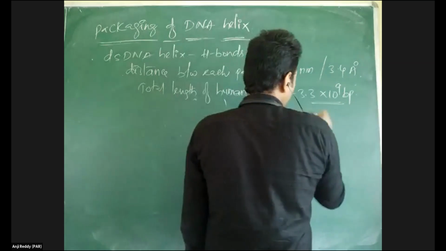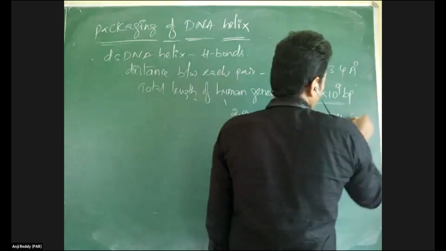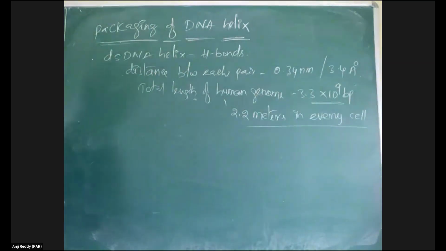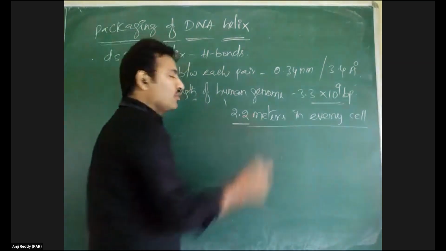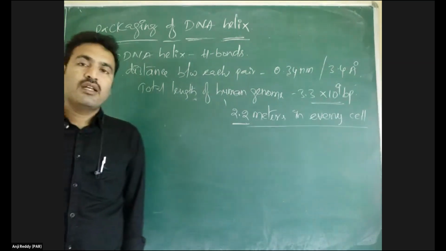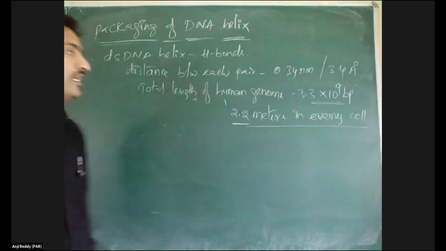Each and every human cell has a DNA length of around 2.2 meters. Every cell has that much length of DNA molecule.